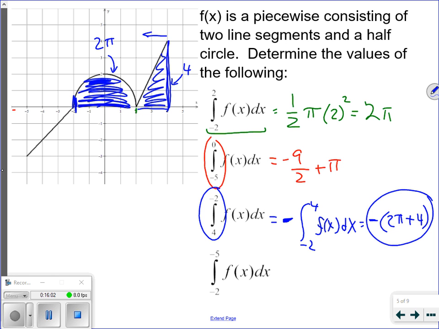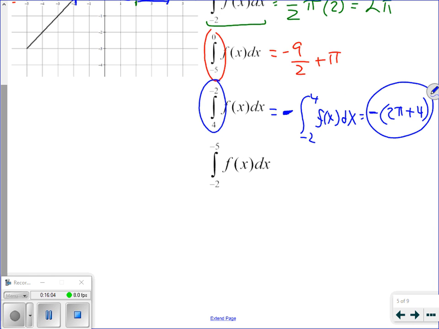All right, and then lastly, we got negative 2 to 5, which again, because the lower bound is on top, I think if you switch it, it makes your life a little bit easier when computing. Oh yeah, and there's a negative, I apologize.